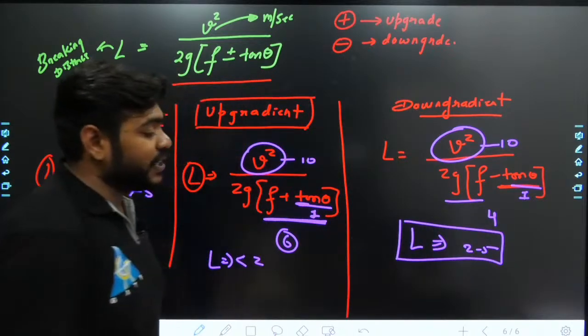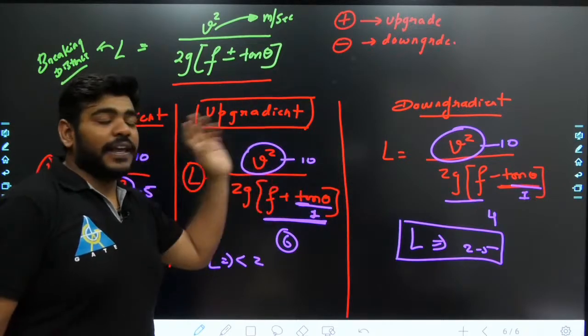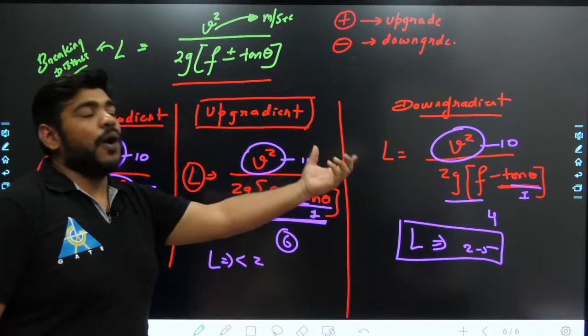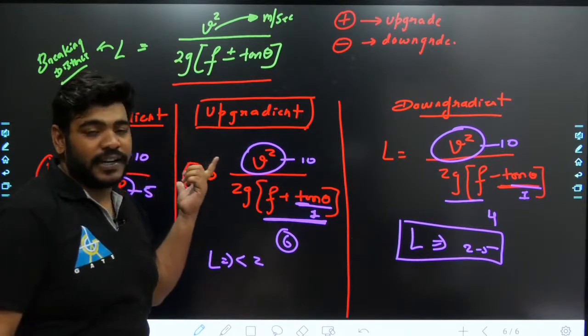So if they ask you which of these three terms will give you the maximum braking distance, you can write that down gradient will give maximum distance in comparison to up gradient and flat gradient.